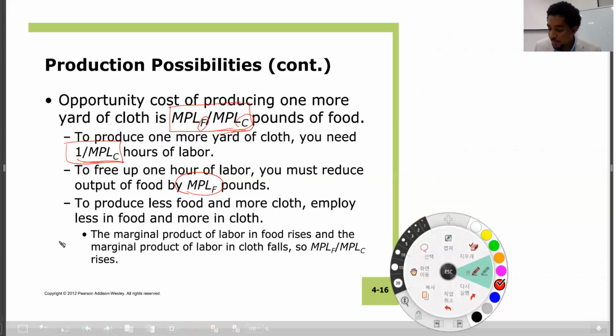If we want to produce less food, then we employ more of the labor in the production of clothes. So the marginal product of labor in food rises and the marginal product of labor in clothes falls. So this will raise the slope, okay?